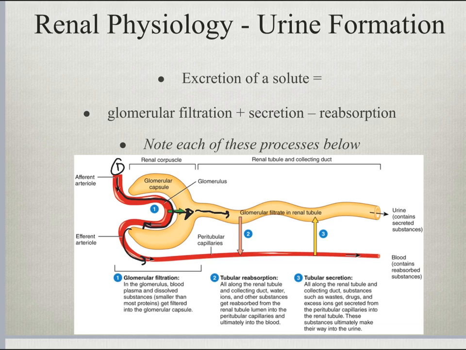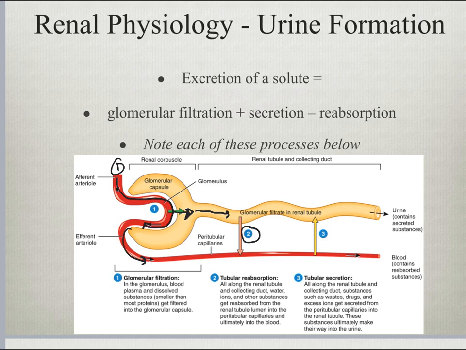Once it moves in that capsule, it's going to start moving through the renal tubule. Now what happens? We get two processes. We get this right here, number 2 in our process, which is tubular reabsorption. Basically, all along the renal tubule and the collecting duct, water, ions and other substances are going to get reabsorbed from the lumen of that renal tubule and put back into the peritubular capillaries and ultimately back into blood.